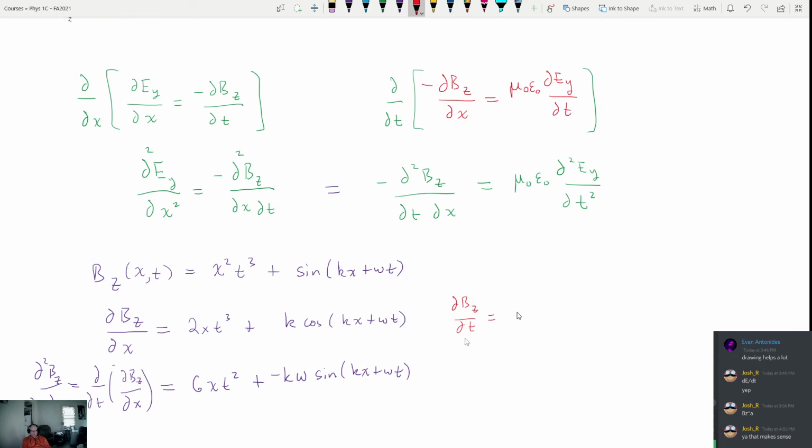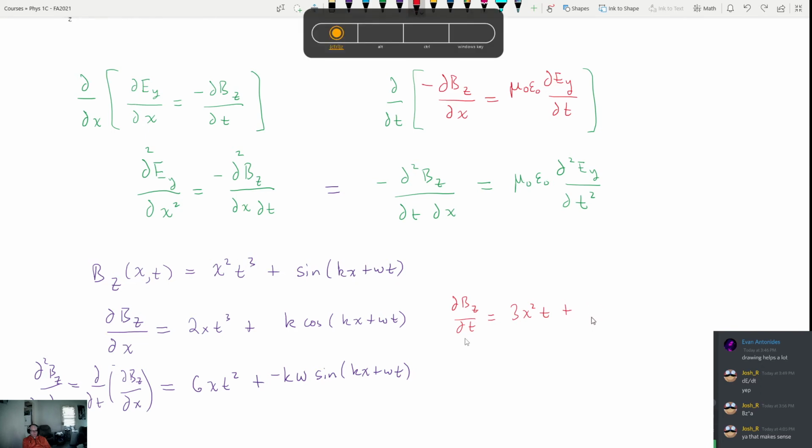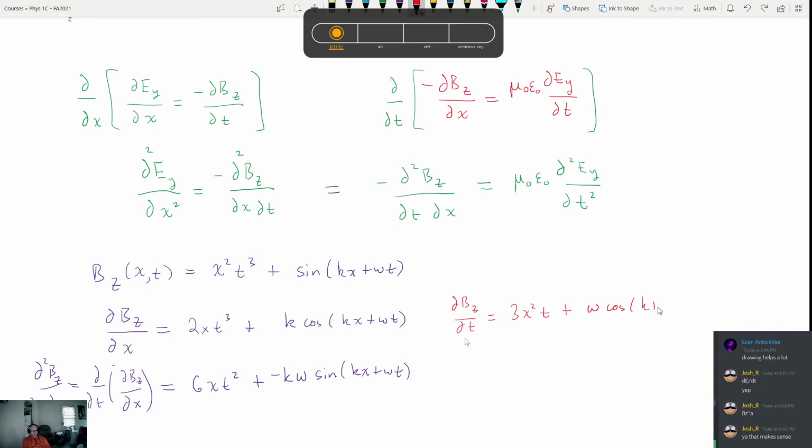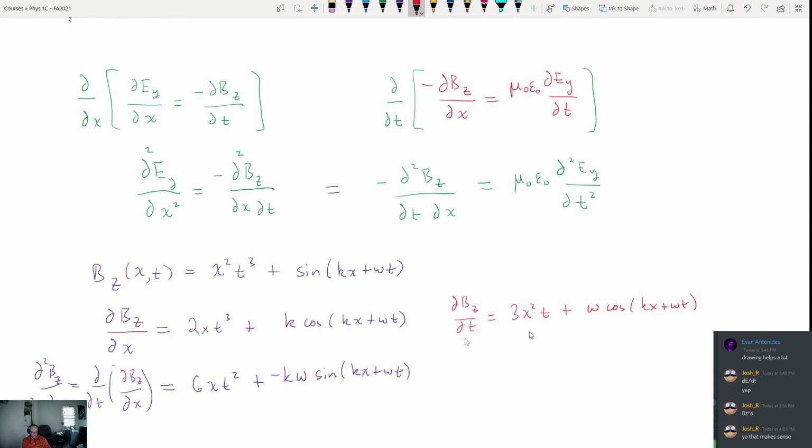And this is going to be 3x squared t squared plus omega times the cosine of kx plus omega t. And then we now take the x derivative, which is equivalent to saying del 2 Bz over del x del t.